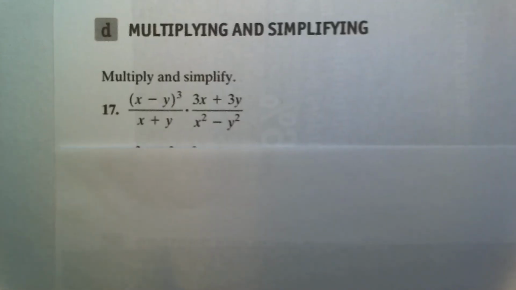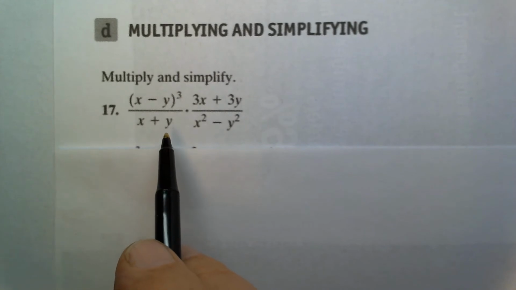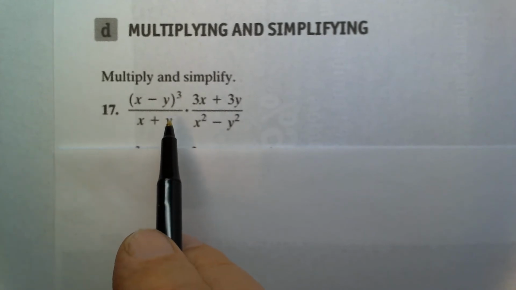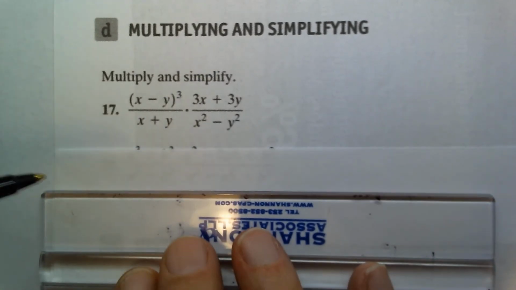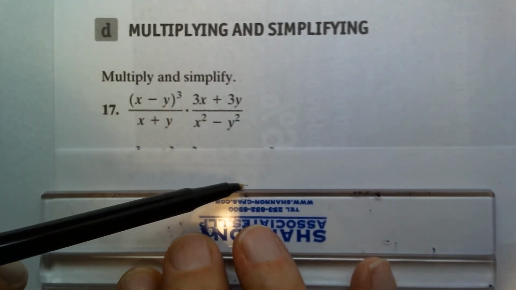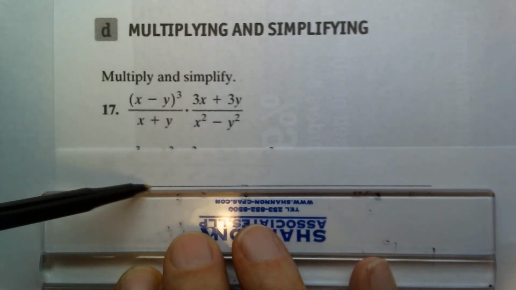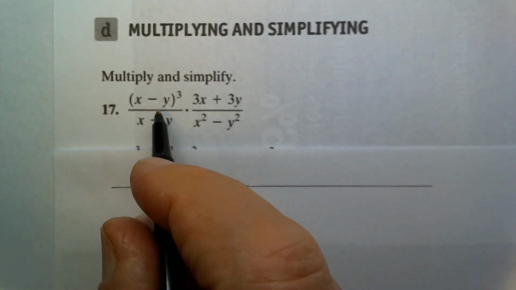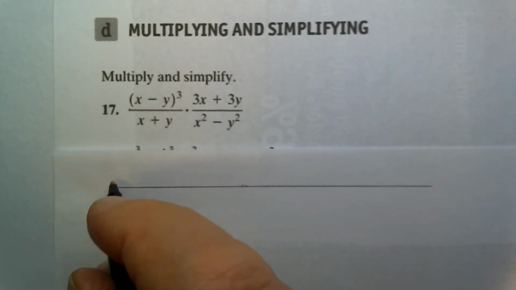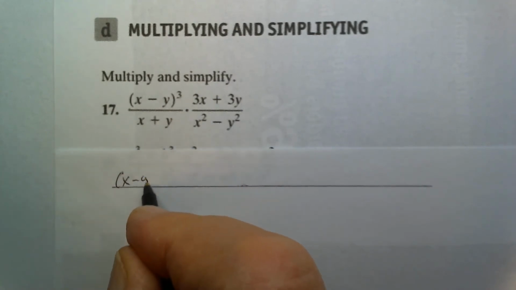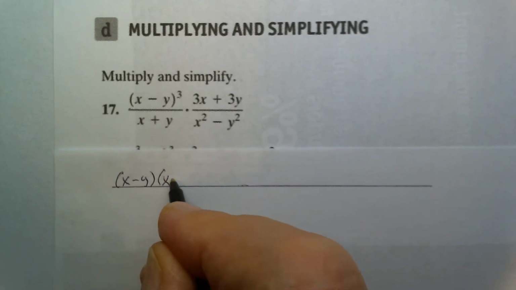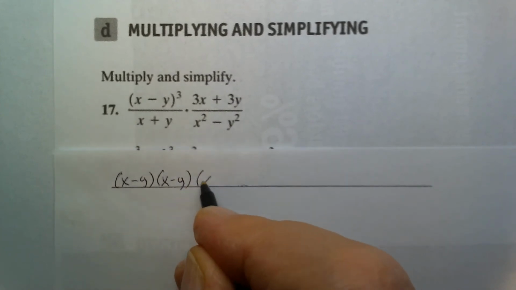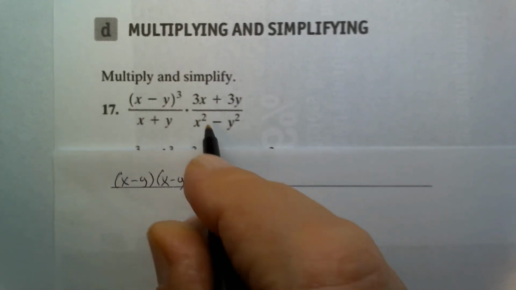One of the key observations of multiplying rational expressions is that we simplify them before we multiply. So let's look at number 17 and see what that's all about. When we look at number 17, we can see that x minus y to the third power simply means x minus y times x minus y times x minus y.